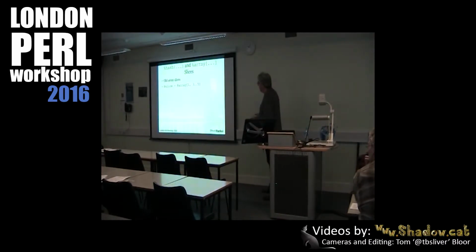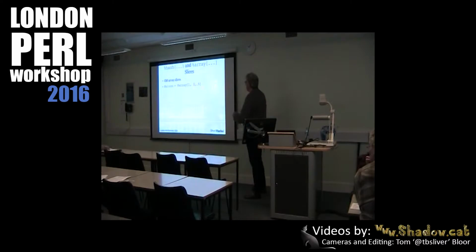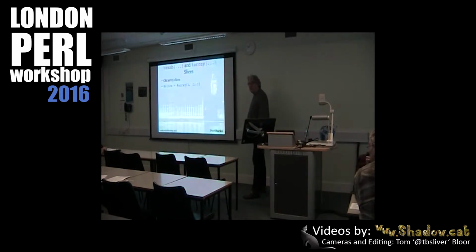It looks like this. You have an array name, you give it the @ symbol, because we're talking plural, and then you give it a list of indexes, and you get back a list of the values that correspond to those indexes. We've all used that, right?